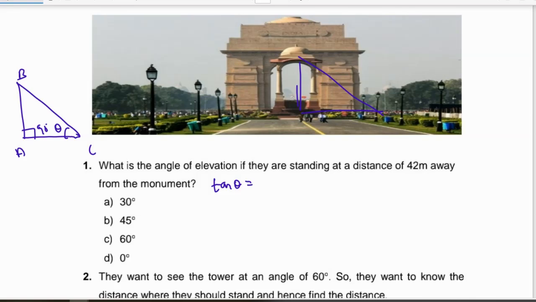Tan theta will be the height of the tower divided by the distance of the tower.